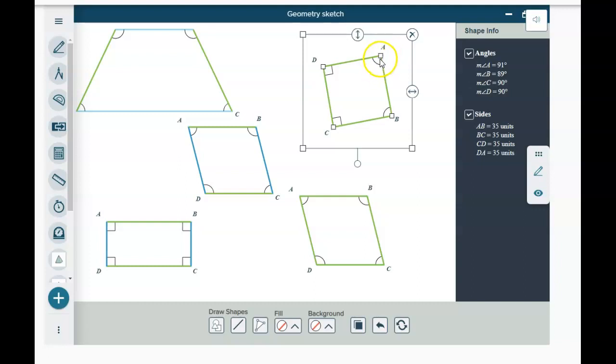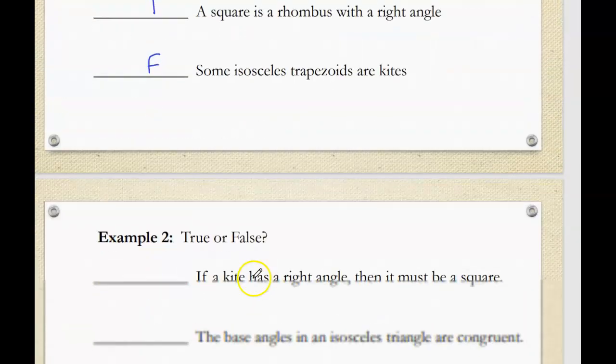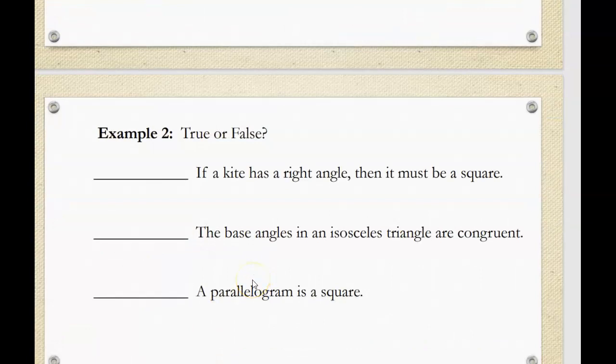So it could possibly not be actually a square. Because notice I have these two sides being the same length, these two sides being the same length. These two sides are not the same, these two sides are not right angles. So that is actually a false statement. A kite has a right angle, then it must be a square. That is a false statement, because we just proved that it's false.